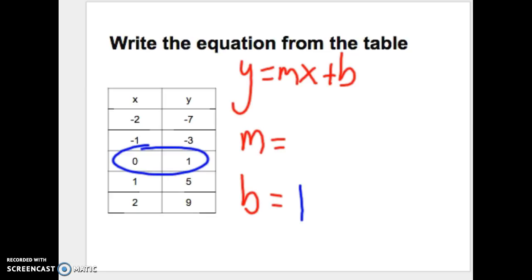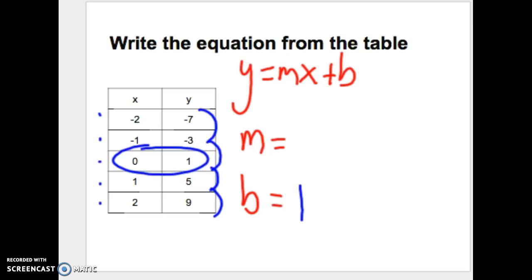We also need to take a look at the slope. We see that the x values are going up a constant 1, which means we can just simply figure out what we are adding or subtracting each time in the y values.